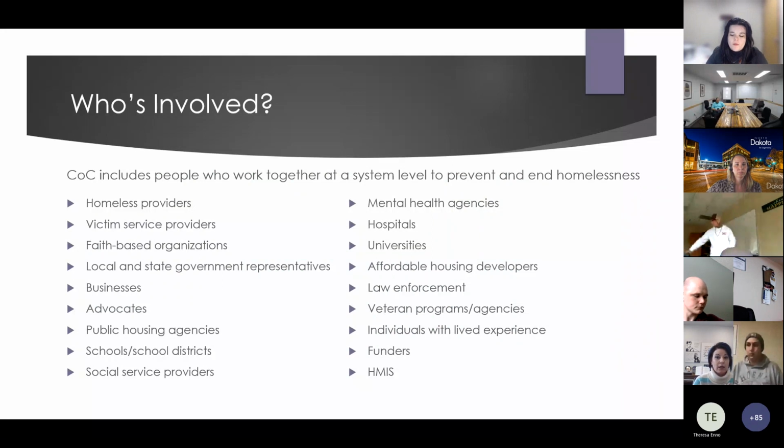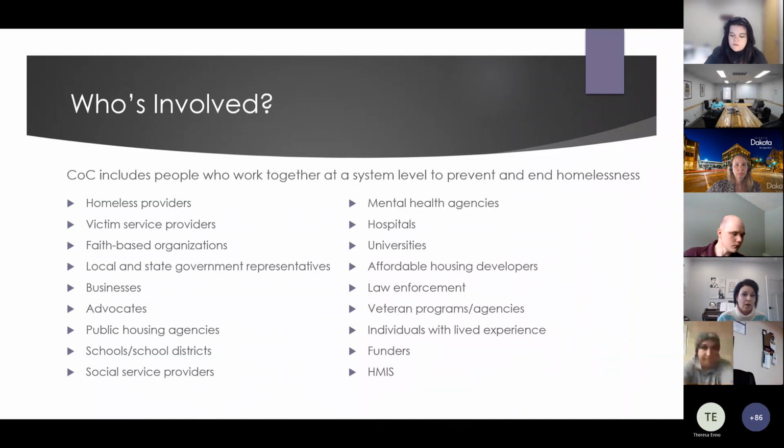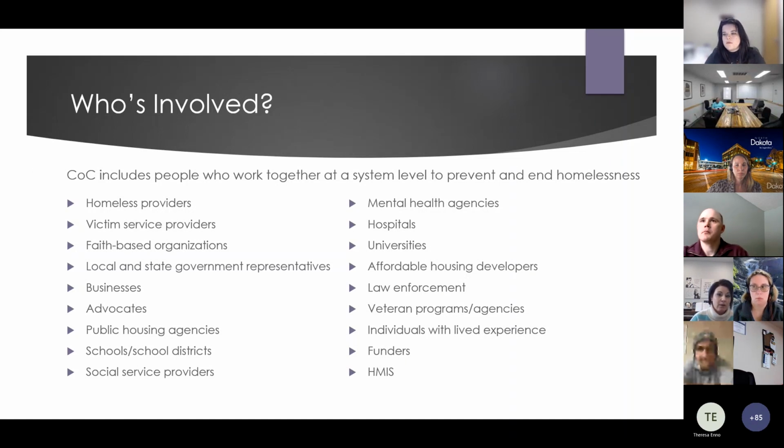Who specifically should be involved in the COC planning? Key partners that provide housing and services to persons who are homeless are essential to planning. The COC welcomes anyone who has an interest in preventing and ending homelessness within our state.